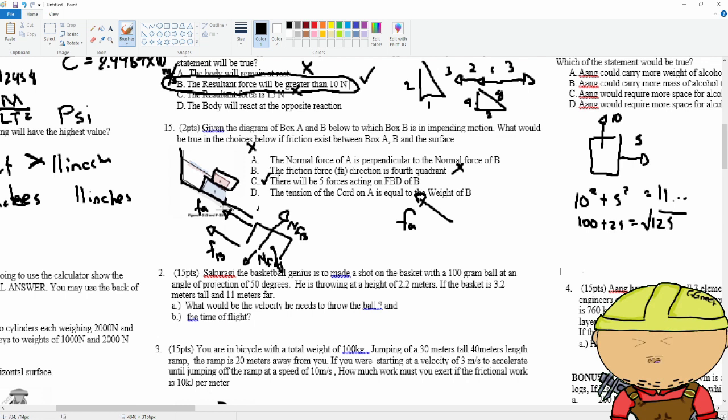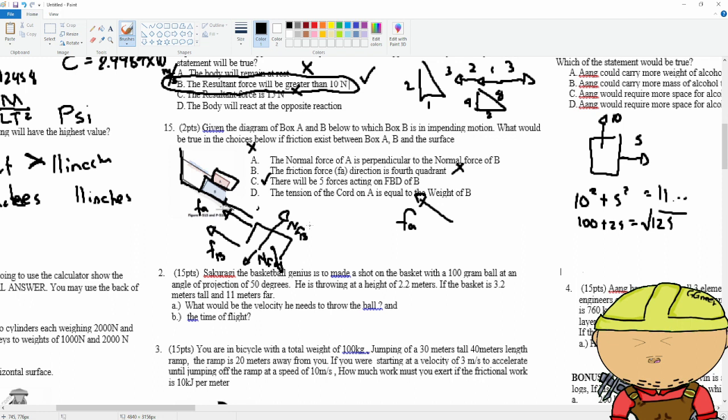Tension of the cord on A is equal to the weight of B. No, because there's friction on it, and I think there's no friction coefficient given. There's not enough data to make sure of it, but it won't be.